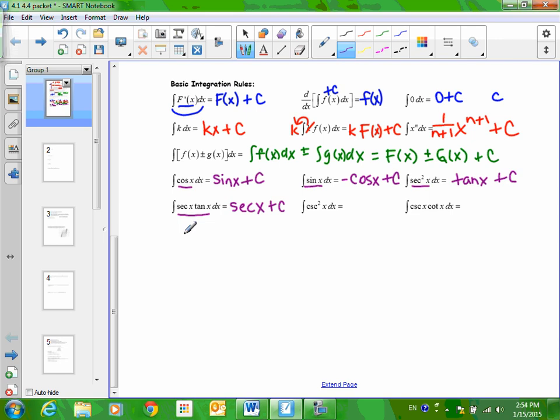All right. What do you think should go here? First figure out what should go here, then figure out should a negative be there or not. Cosecant. Don't take the derivative, think whose derivative is cosecant squared.